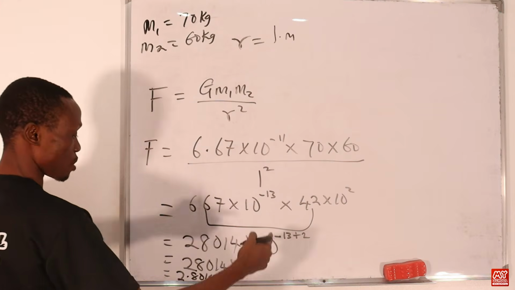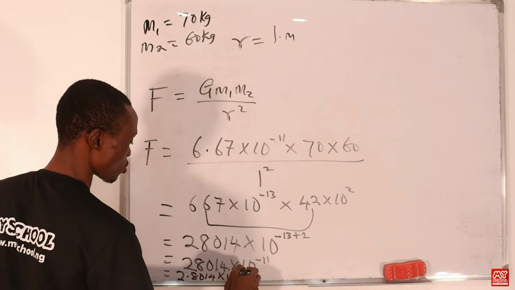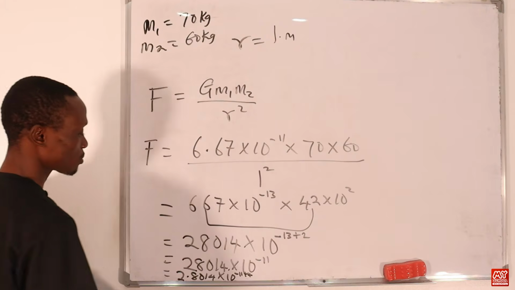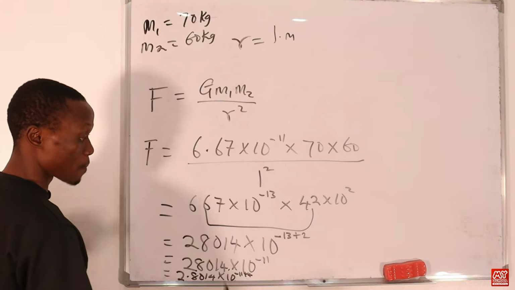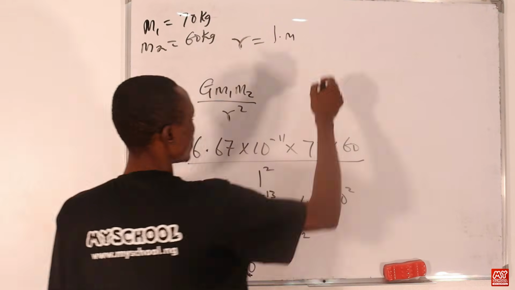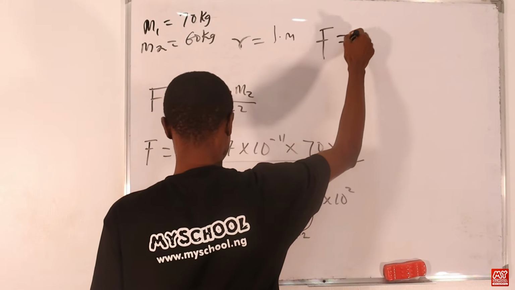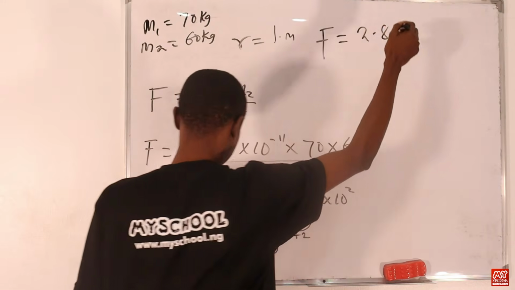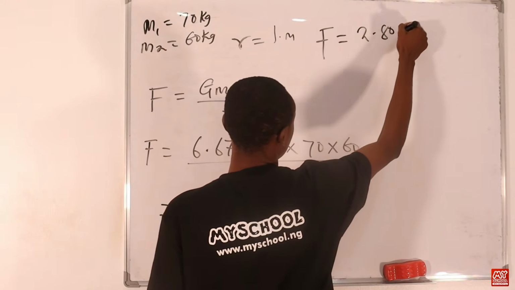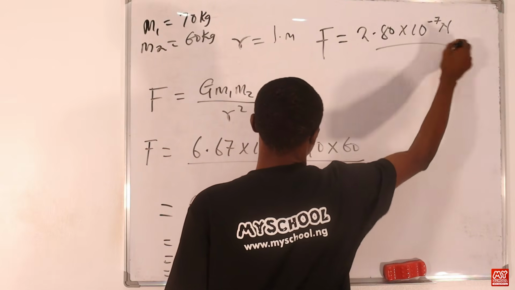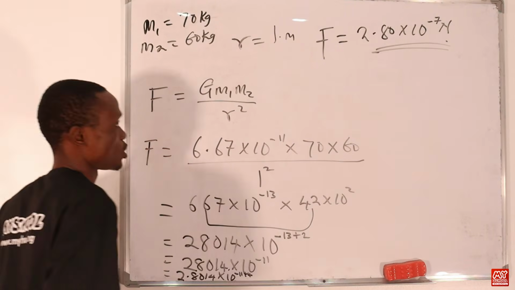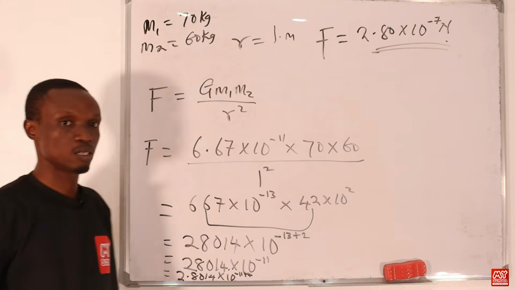So in that case, we are going to be adding. We moved it 4 times, so you'll be having plus 4. Okay, so minus 11 plus 4 will give us minus 7. So at the end of the day, our F is equal to 2.8, let's just leave it here, times 10 raised to the power minus 7 Newton. So this is the force of attraction between the man and his friend.